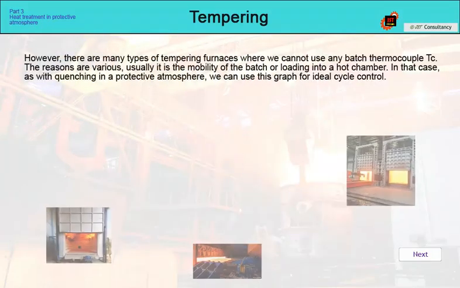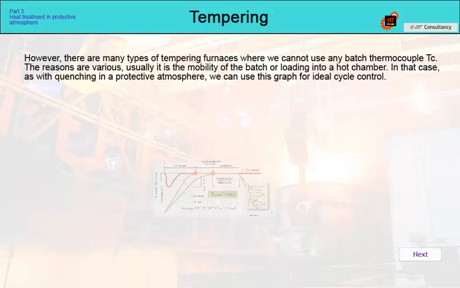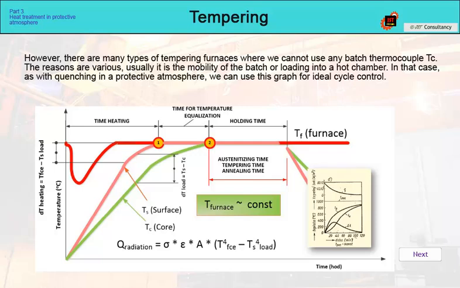There are many types of tempering furnaces where we cannot use any core or surface load thermocouples. The reasons are various. Usually, it is the mobility of the batch or loading into the hot chamber. In that case, as with quenching in a protective atmosphere, we can use this graph for cycle modeling.